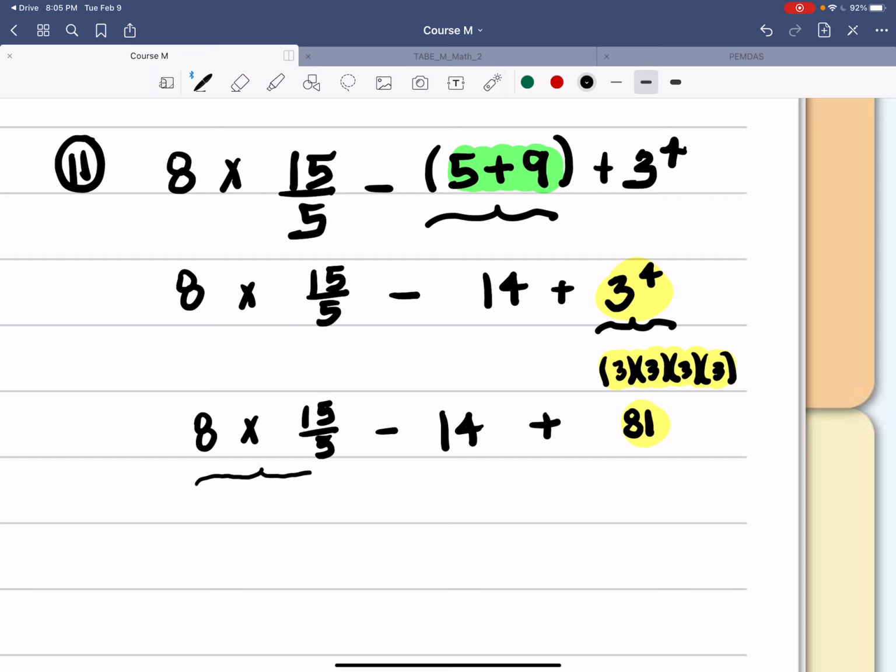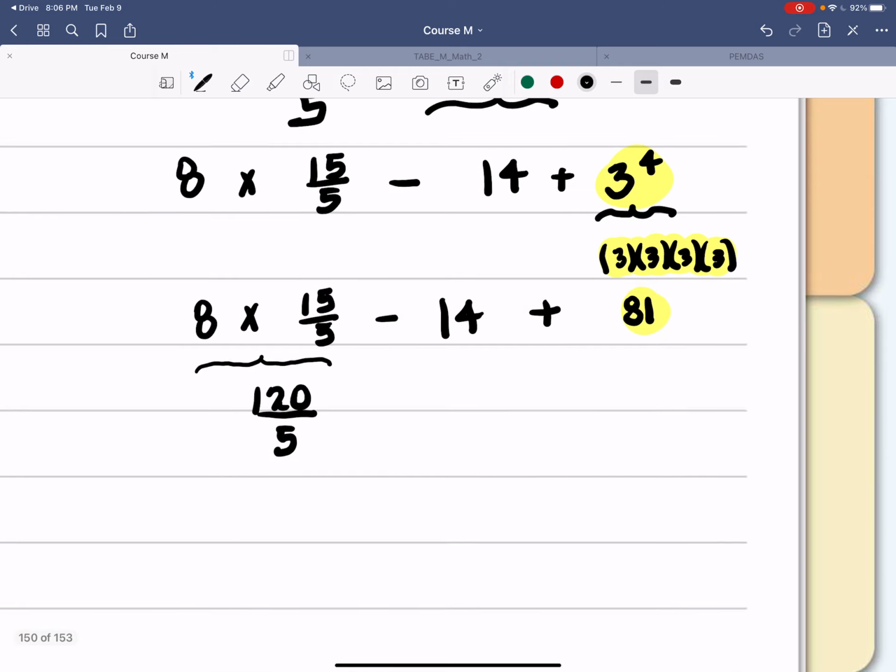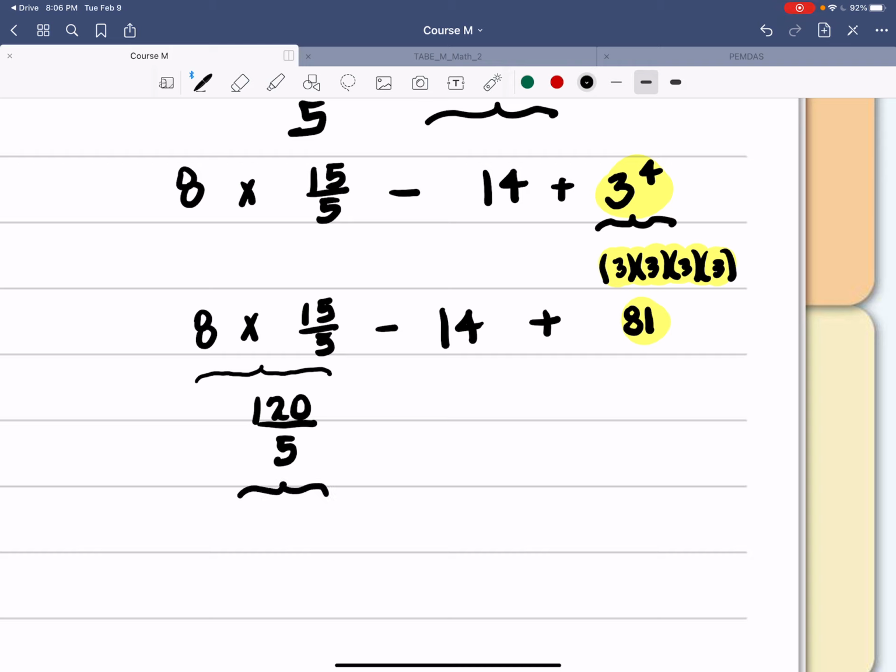So we're going to say 8 times 15. 8 times 15 is 120 over 5. 120 divided by 5 is 24. So this big mess becomes this littler mess, which becomes 24.